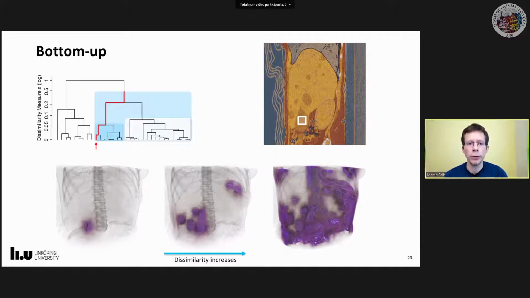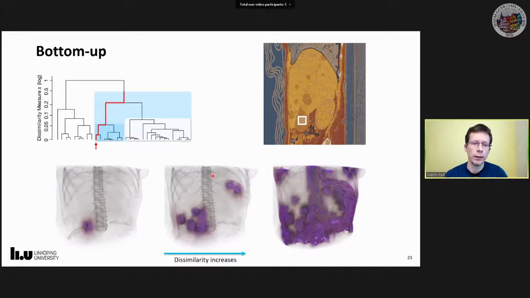To facilitate this, we provide the user with a slice view where you can select a small region or position the cursor, and this is reflected here in the lower left. That's the initial selection. Then by decreasing the similarity threshold, we get more and more similar clusters selected.